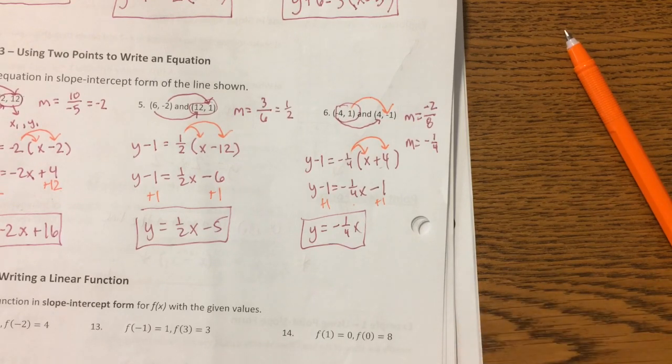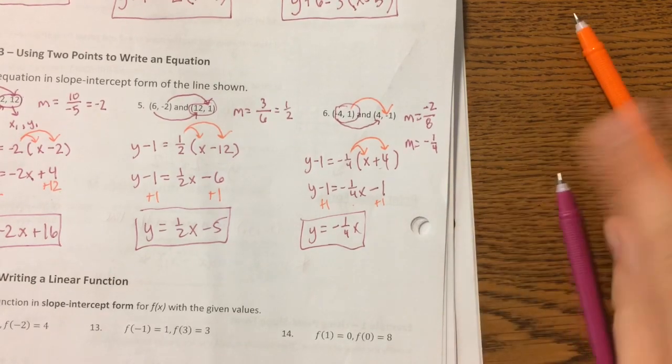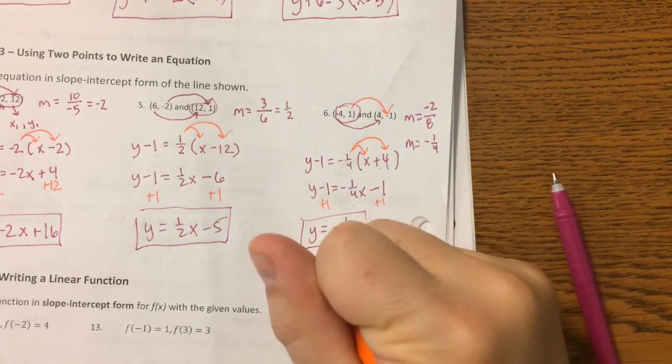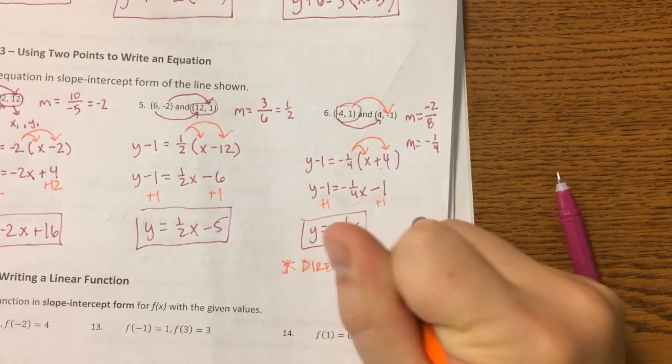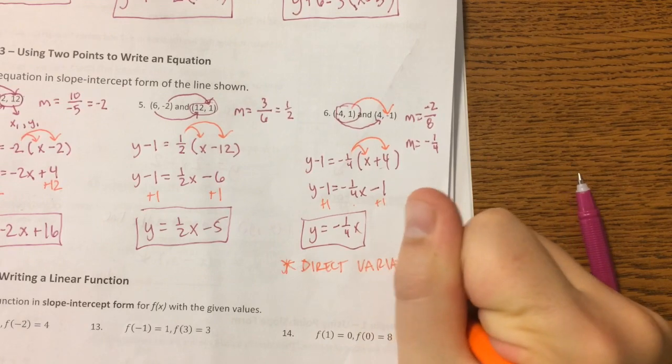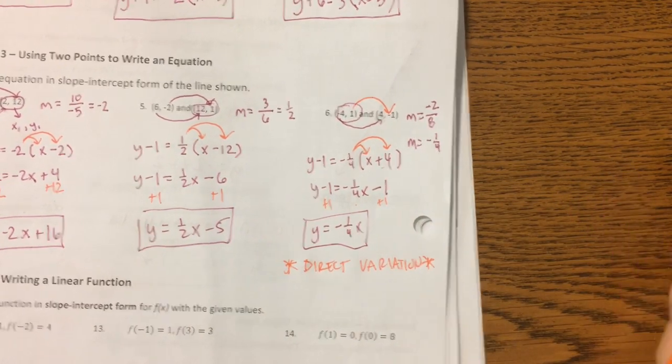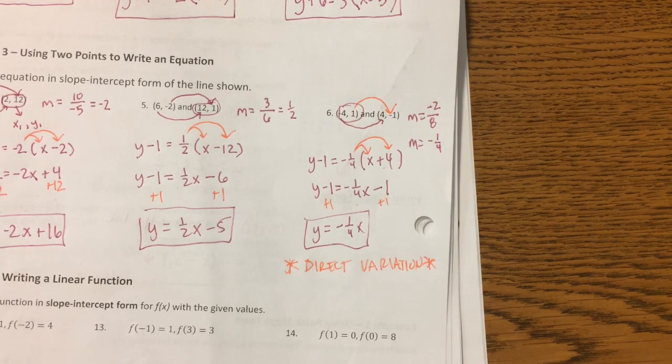Basically, we say that the function has direct variation, right? So I'm going to just make a note of that so we don't forget about that. I know that was our first day of this unit. Direct variation. So anytime we get that, I'm going to write that down over and over again, so we hopefully will remember that by the time of our test, which isn't even until next week.